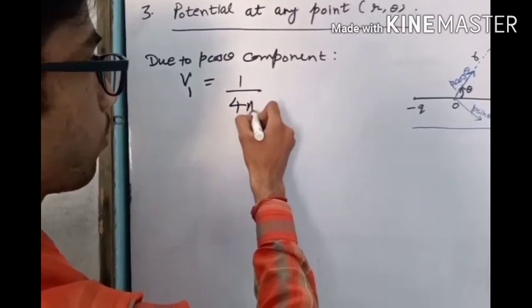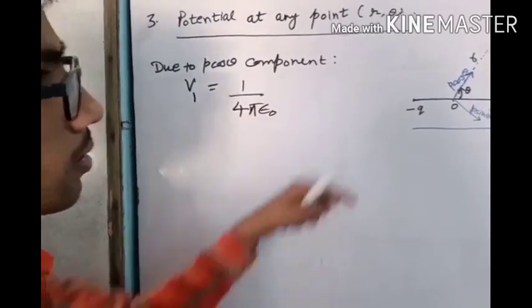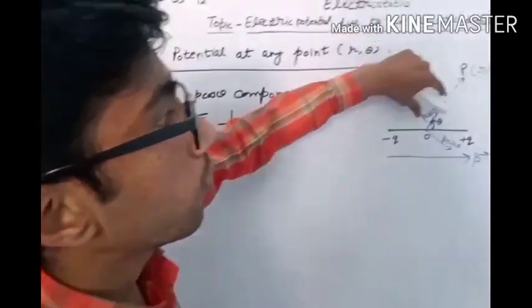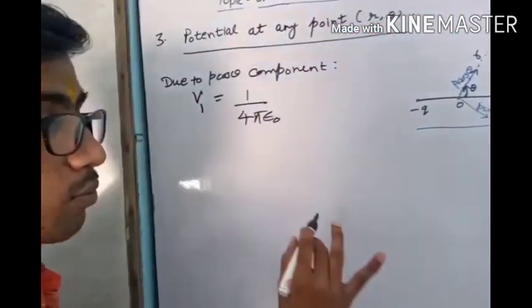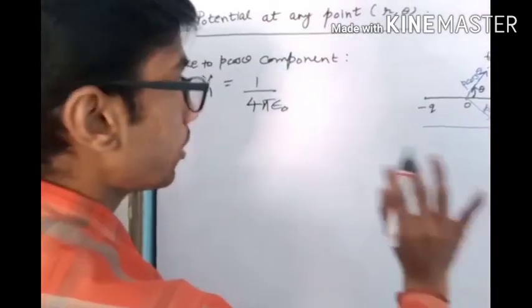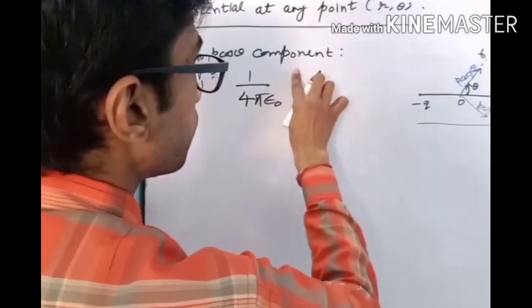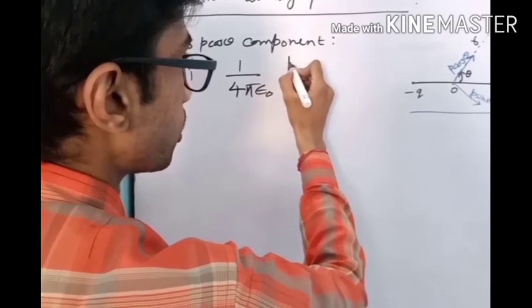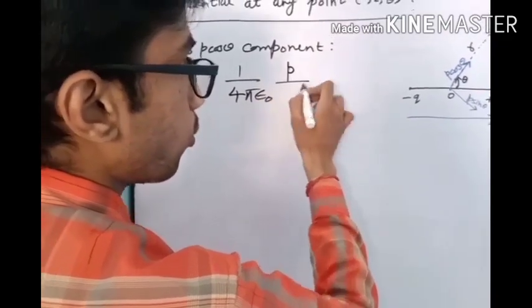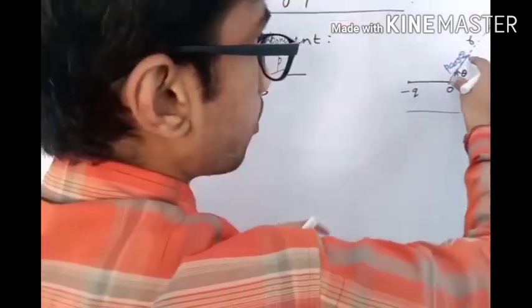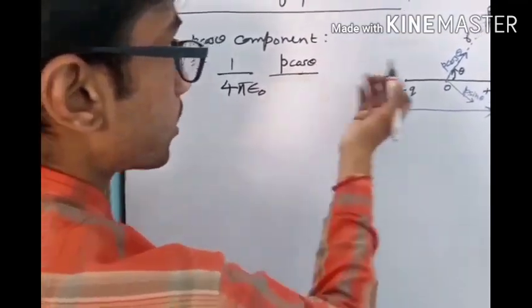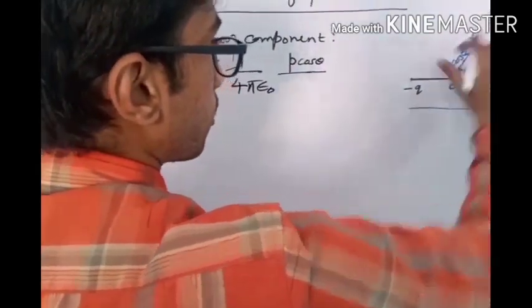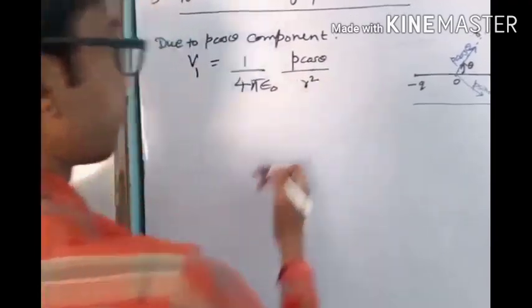This is 1 over 4 pi epsilon naught times, since it is in the axial direction for P cos theta, the magnitude of the dipole moment over distance square. The magnitude of the dipole moment is P cos theta, and the distance is small r, so it will be r square.